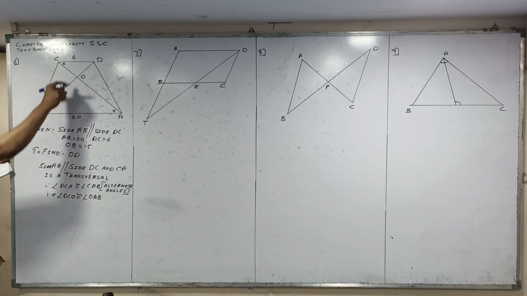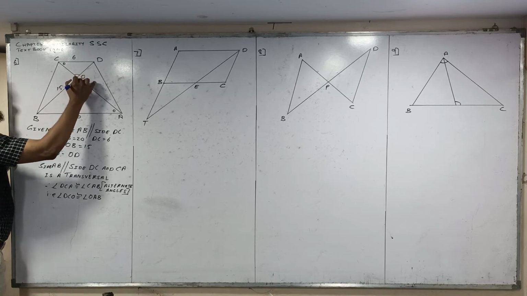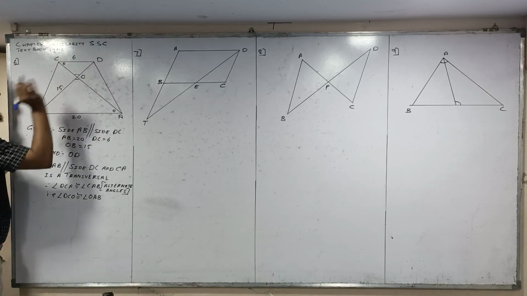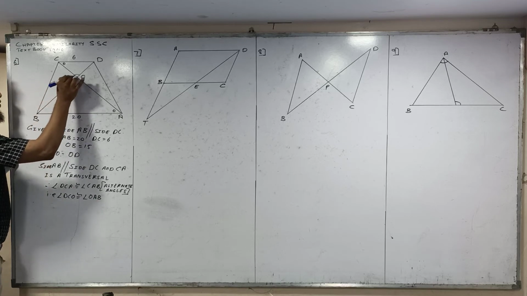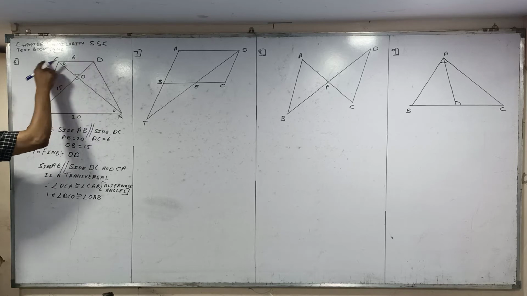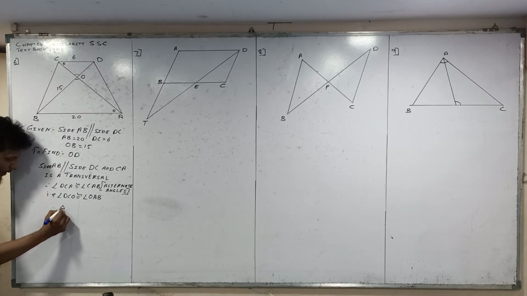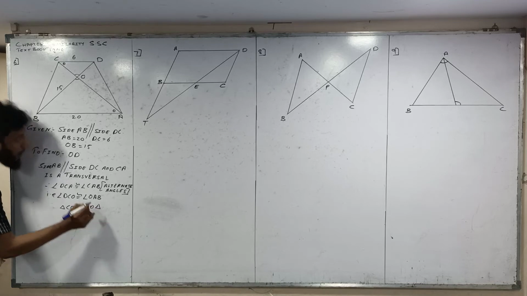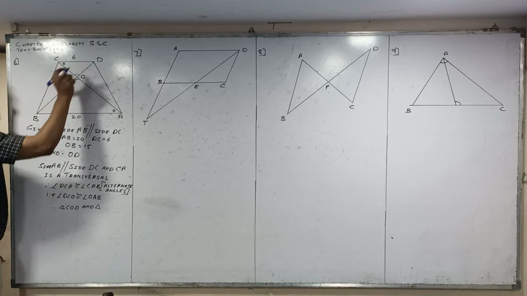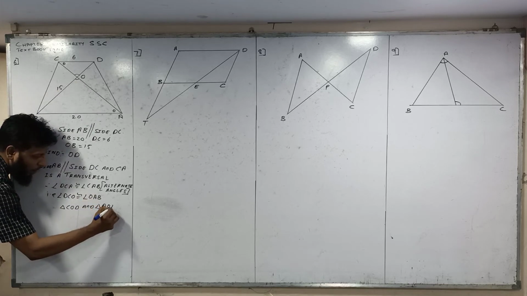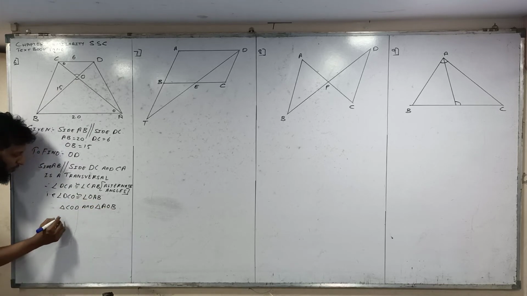Now take these two triangles. See, this is a vertically opposite angle. Lines CA and DB intersect at point O, so these angles are vertically opposite angles. Now give the name: triangle COD and triangle AOB.